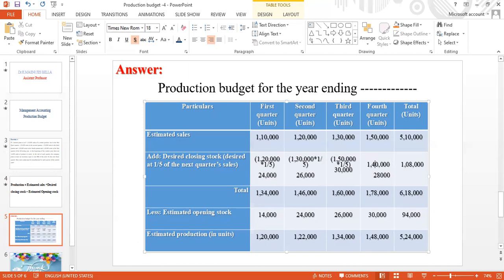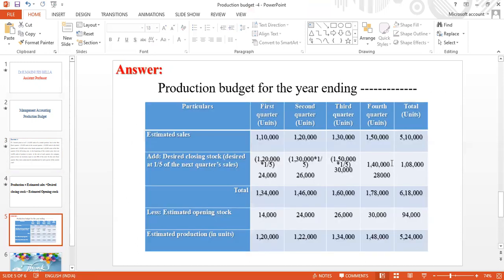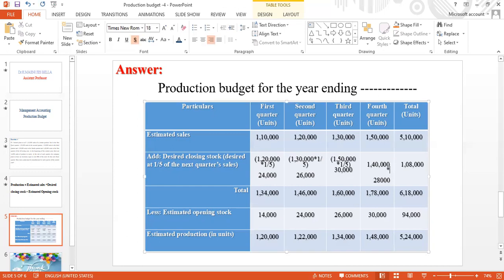See here for the next quarter how much? 1,40,000. So we can calculate 1,40,000 into 1/5, right? When you are solving it, you will get 28,000.